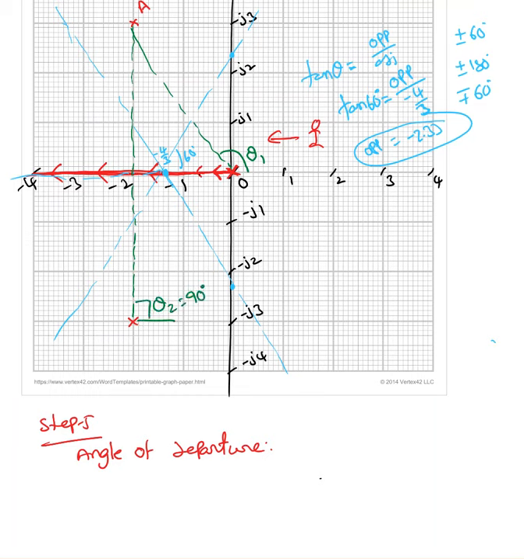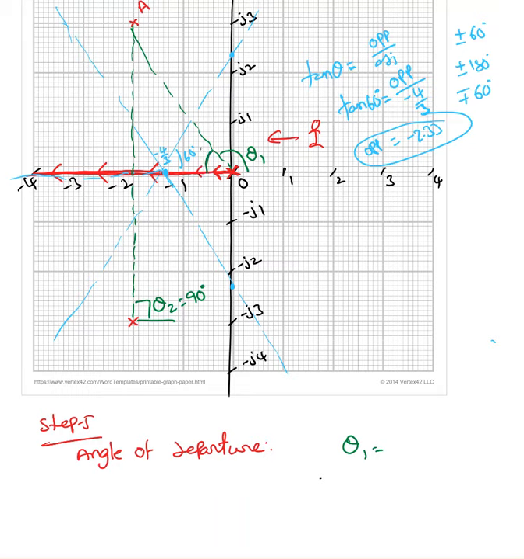So I can clearly see theta 2 equal to 90 degrees. Can we find theta 1 there? I know this angle right there is 60. No, we need to find this angle anyway.